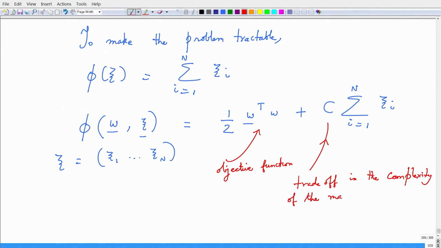It is in the computing complexity of the machine and the number of non-separable patterns. Because this is our constraint.